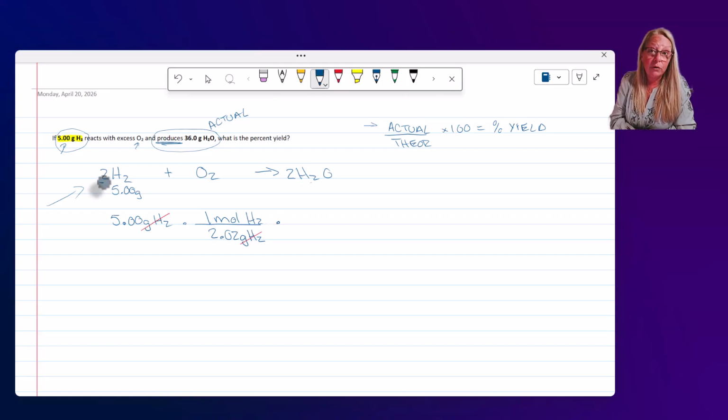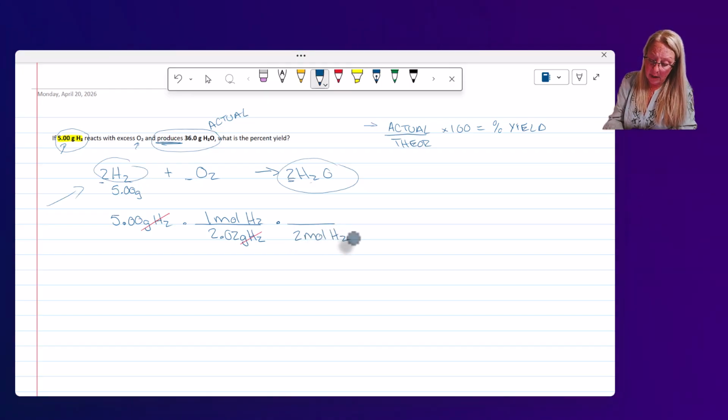Remember, this says 2 moles of hydrogen react with 1 mole, there's an inferred 1, of oxygen to produce 2 moles of water. The thing I want to get to is my water piece. I already have my hydrogen piece. So let's see. My mole ratio, I need my moles of hydrogen to go away. I have 1 mole on the top, so my stoichiometry says 2 moles of hydrogen on the bottom.